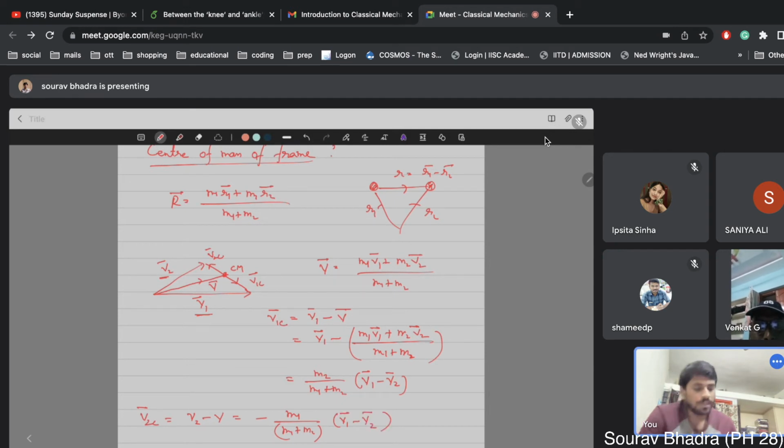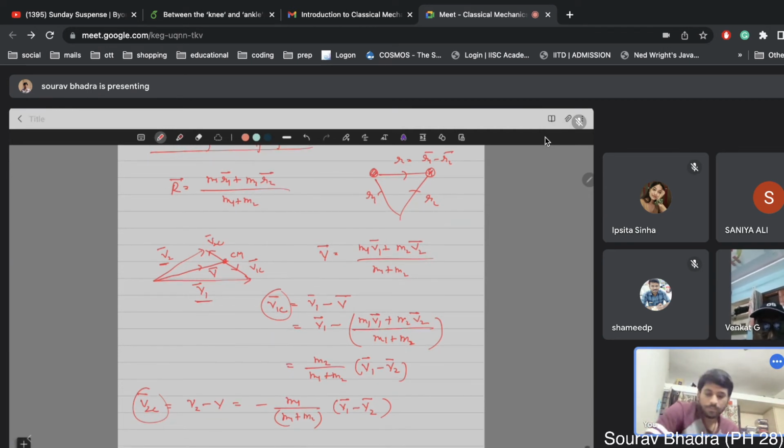So you can see that your v2c and v1c are oppositely directed. It was positive and it was negative, all the expressions are the same, so they will move exactly opposite to one another in the center of mass frame, not in the lab frame, because it is clear that in the lab frame they are not oppositely directed, but in the center of mass frame they are. Now this v1 minus v2 we will write as small v.